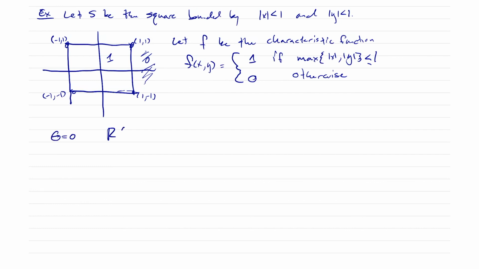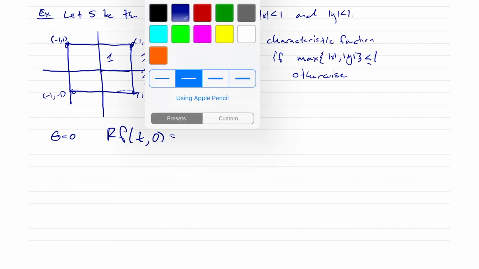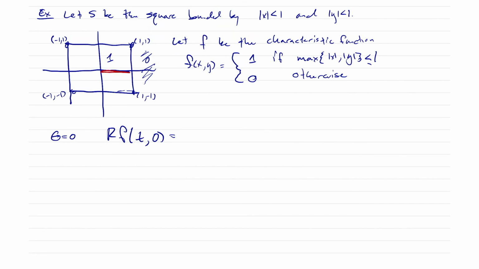So we're going to take a look at Rf of (t, 0). And what do we get? That's basically going to be where t goes along this line here, and so we're looking at cross sections like this.